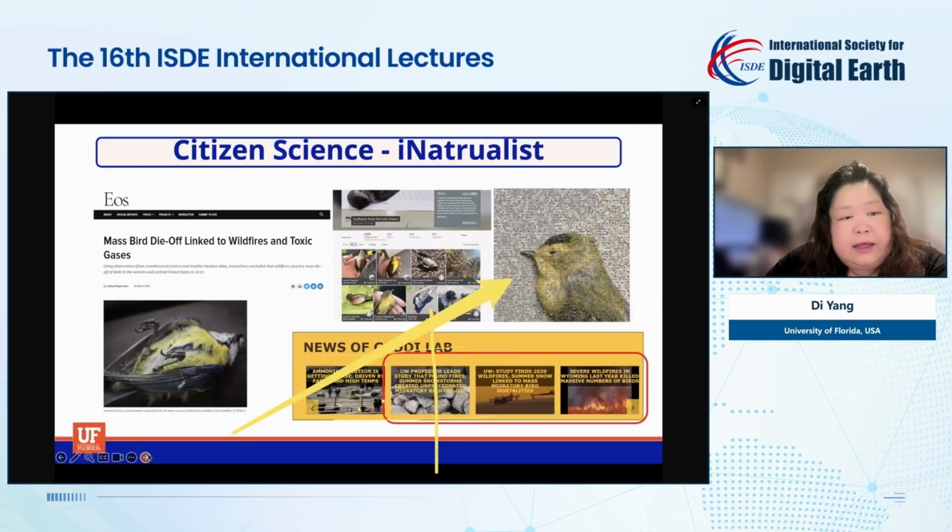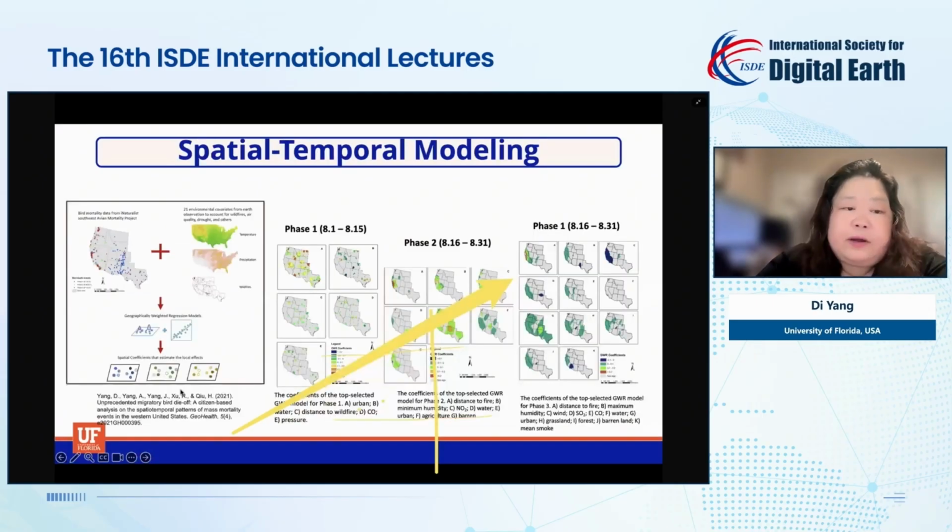And then we really wanted to use remote sensing Earth observations in combination with geospatial models to find what the real drivers of those massive bird deaths are. So here we collect the data.